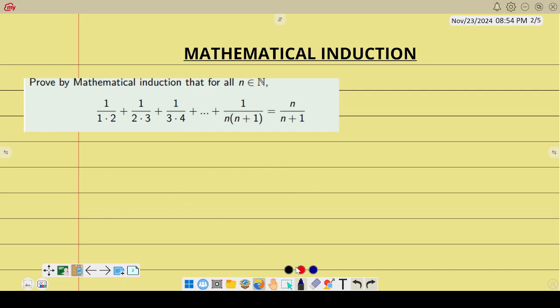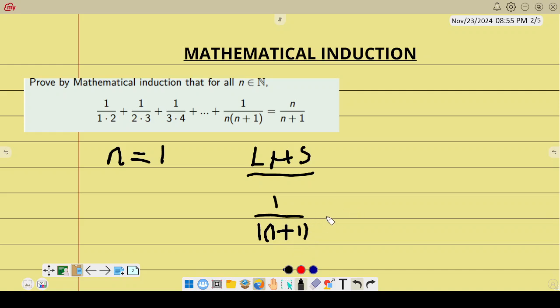So we're going to test. We'll say for n is equal to 1, what are we getting? On the left hand side, when n is equal to 1, we're going to have 1 over 1 times (1 plus 1).